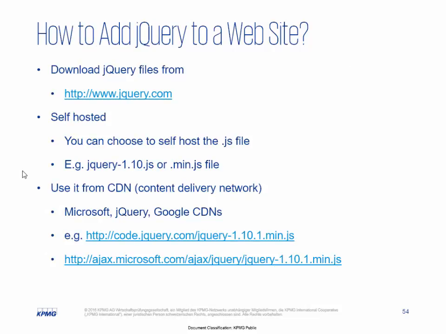jQuery.com is where you start. It has fast documentation, plugins. You can download it from there, different versions of it. Once you get the file, you can either get it as full-blown JavaScript, or you can get a minified version, which is smaller. You know about minification.